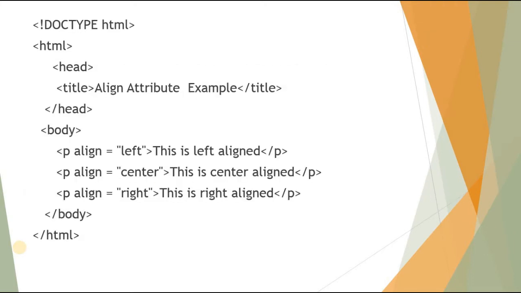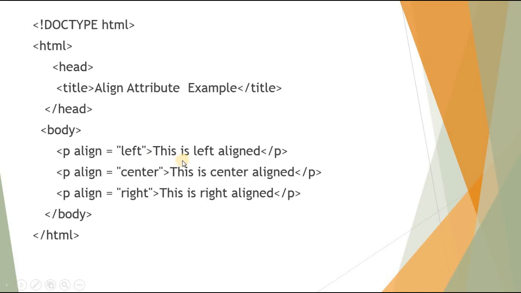Now we will see here an HTML page document, where we used a paragraph. Inside a paragraph we used the align attribute with the values left, center and right. For the first paragraph we used a left align, so this text is left aligned.